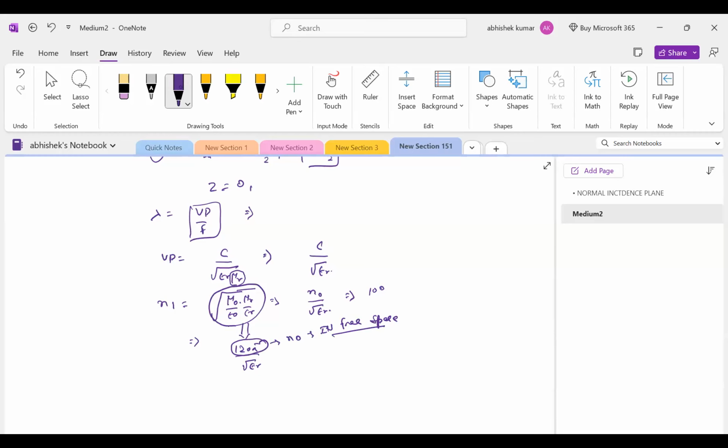N naught is 120 pi; N naught means the free space intrinsic impedance.